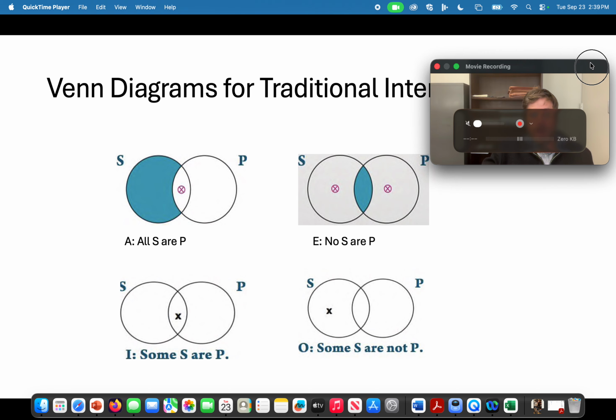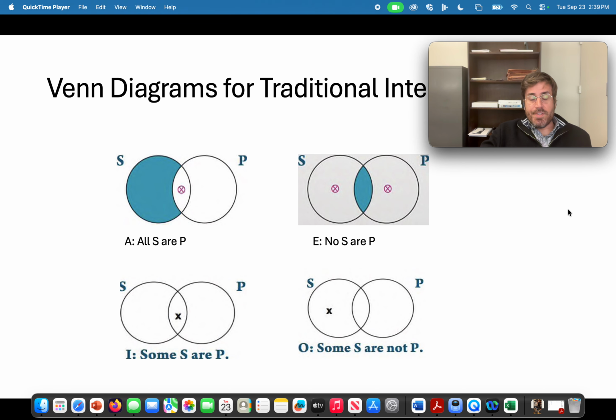So here's the full list of propositions on the Venn diagram for the traditional interpretation. A group has shading in region 1 and a circled X in region 2. For the E proposition, again, we have shading in region 2 and circled X's in regions 1 and 3. And then the particular categories are the same.